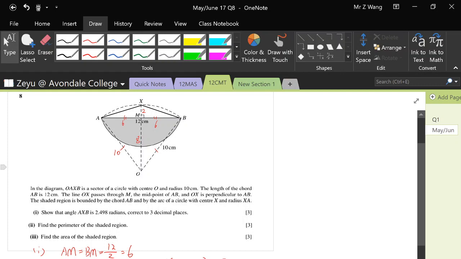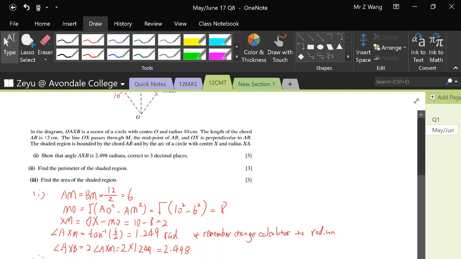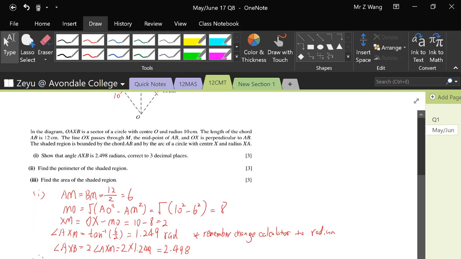So it comes down to how to calculate the length of an arc. Relatively speaking, this is a simple question. Oftentimes you're going to end up with a more difficult question than this. So we know the angle, it's 2.498.